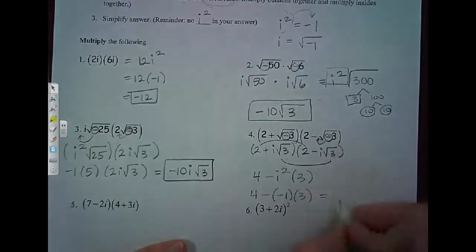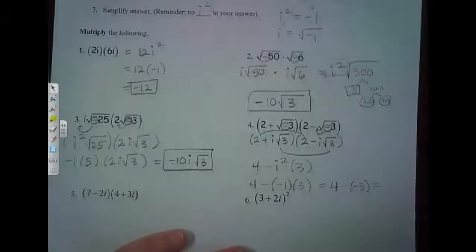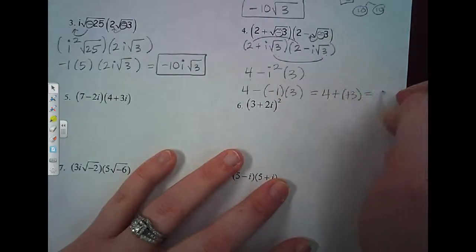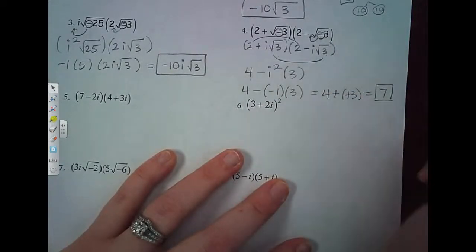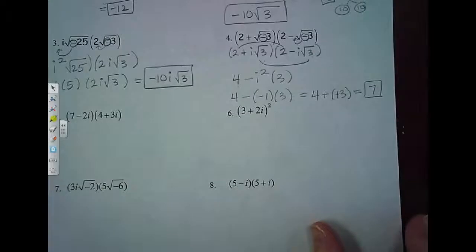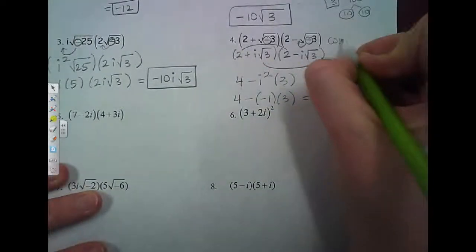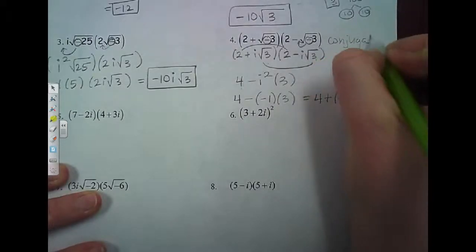So that becomes 4 minus a -3. And we have 2 negatives, so that becomes positive. So 4 plus 3 is 7. Now you can only do this shortcut on conjugates. So these are conjugates, so it works for that.